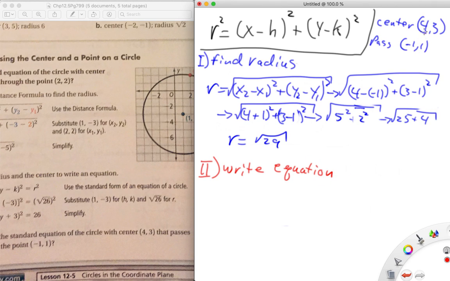So remember your h and k is 4, 3. So your h and your k is 4 and 3 because it's the center.